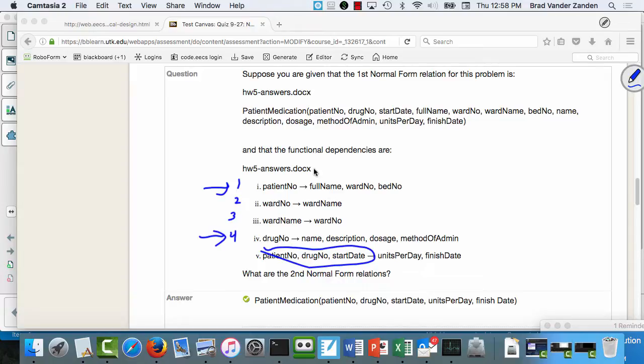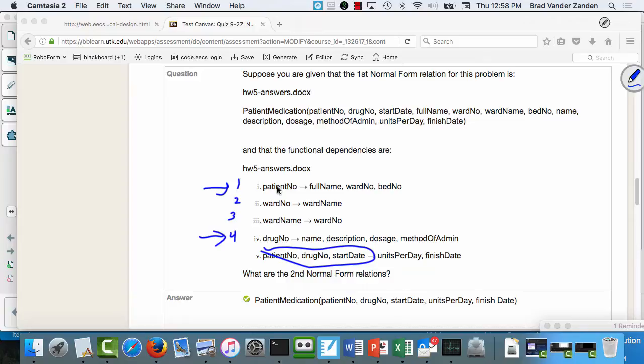And the left-hand side, in this case patient number, remains as a foreign key, and remains also in the original relation, whereas the right-hand side is removed from the original relation. The reason the left-hand side stays is it's part of the primary key.